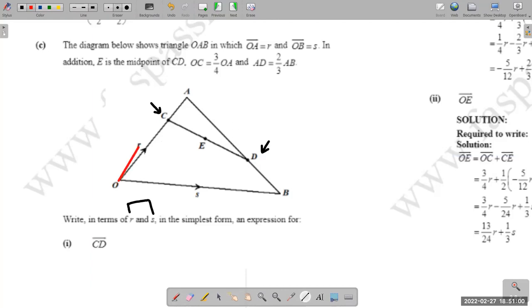I could go from O to C. Everybody see that? But is there a direct line from C to D? This is not a vector, so I can't just cut across here, because it's not a vector. Everybody see what's going on? This is very stressful, actually. I find this really stressful.